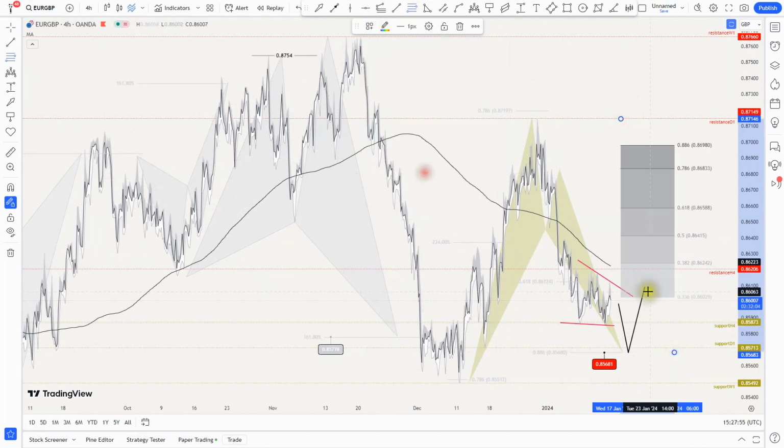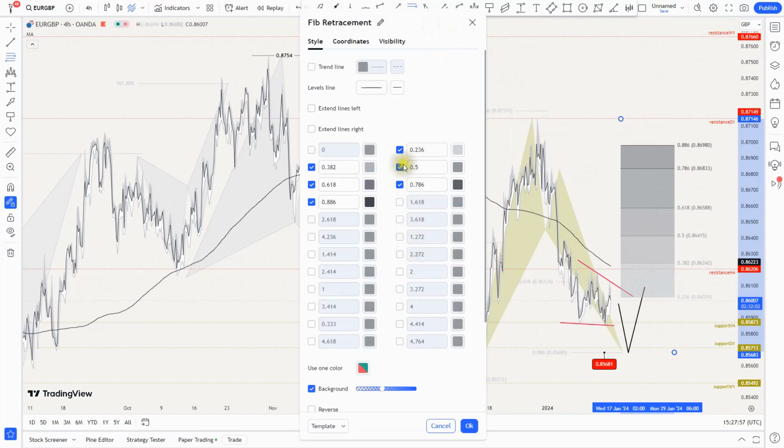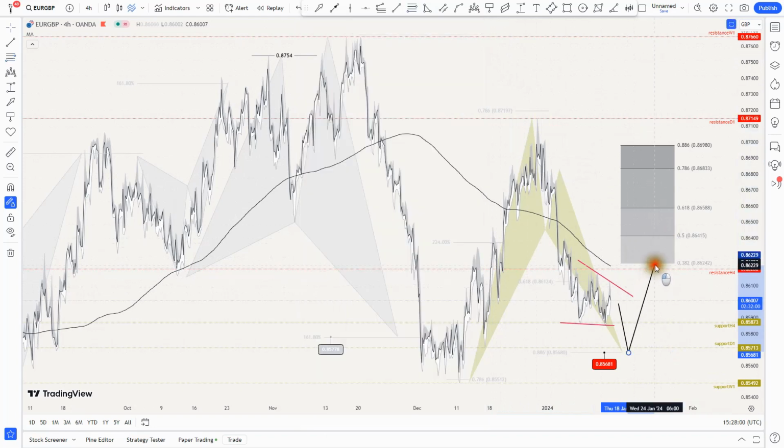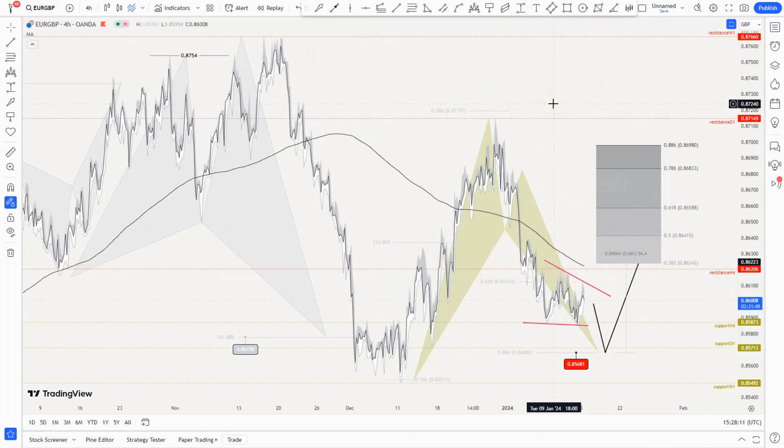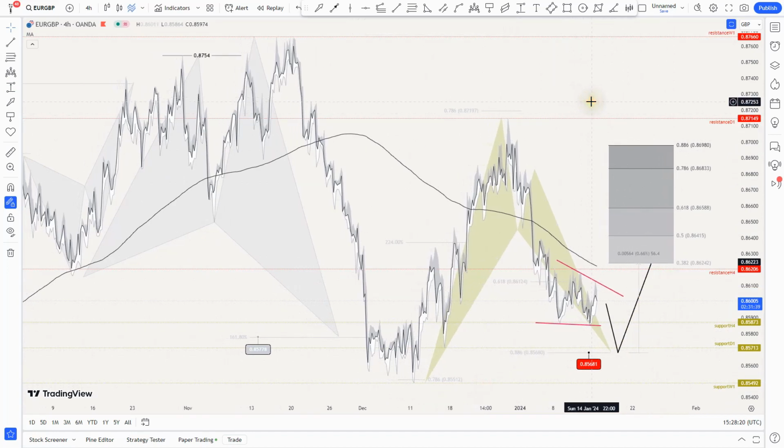If that pattern completes, I will target the 38% Fibonacci level, which represents something like 56 pips, a 0.66% move to the upside. Of course, if the price breaks below these lows, that will start to favor more downside momentum, and that will also invalidate the bullish bat pattern presented here.